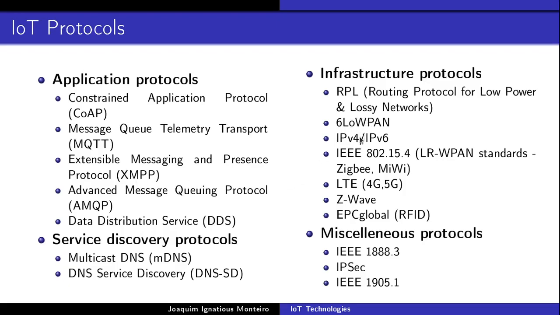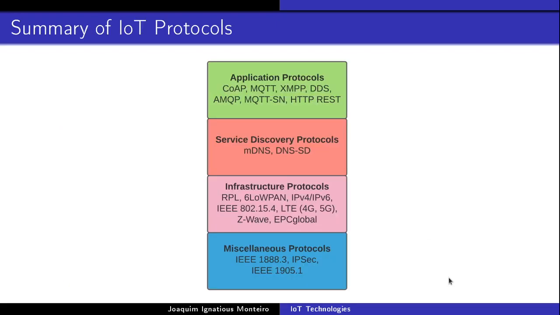Then we'll see some infrastructure protocols and miscellaneous protocols. You can do some reading about this. If time permits, we can have a discussion. So these are the four categories, a summary of IoT protocols: application protocols, service discovery protocols, infrastructure protocols, and miscellaneous protocols.